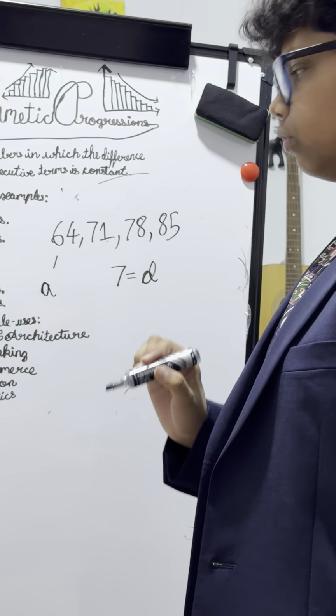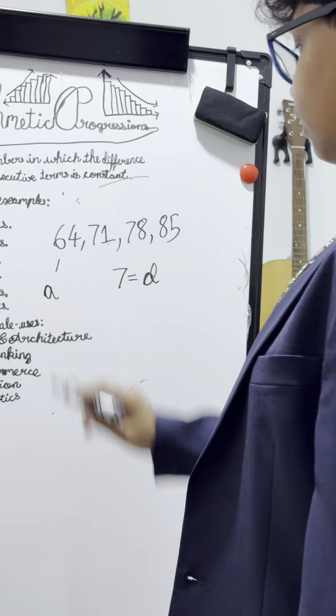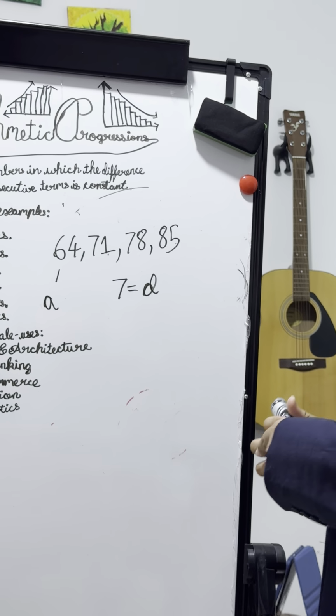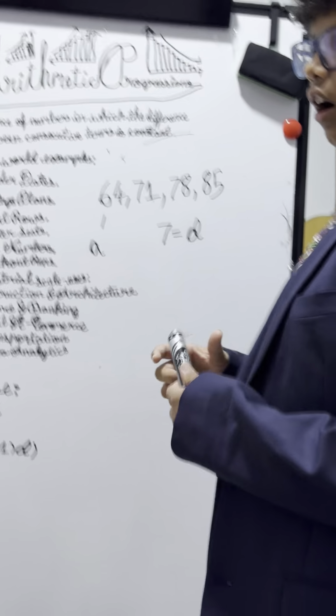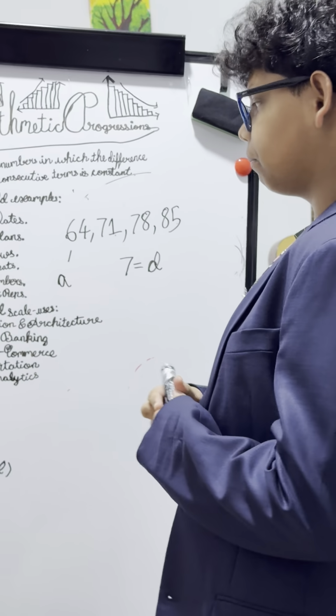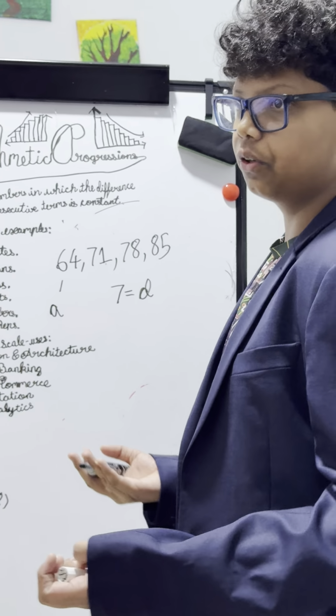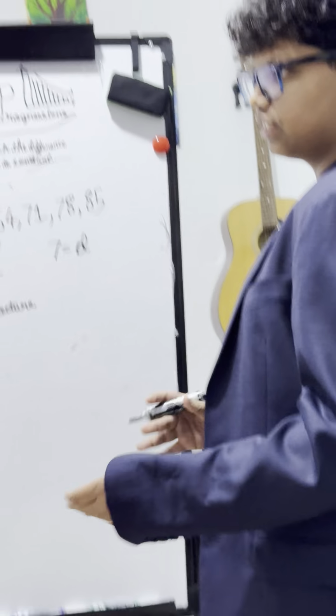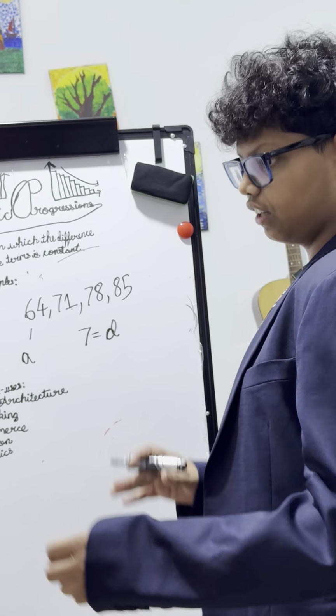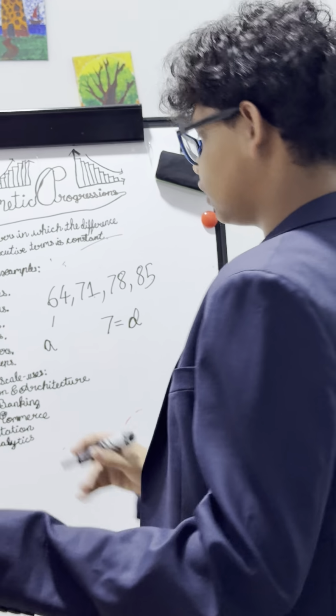Now that we have the value of d and a, we can figure out the actual formula, the prototype of arithmetic progression. Like you take a car, and at the center you have a chassis.